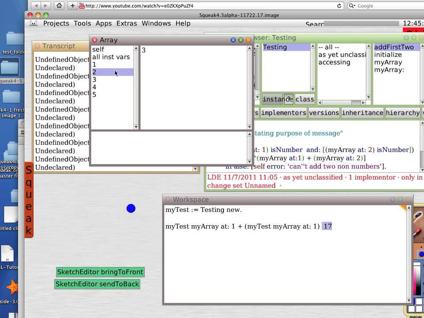My array at 2 is 3. My array at 1 is 1. My array at 1 plus 2 equals 3. So we're accessing the third value of the array, which is 17. Tricky. Cool. Makes for strange errors.